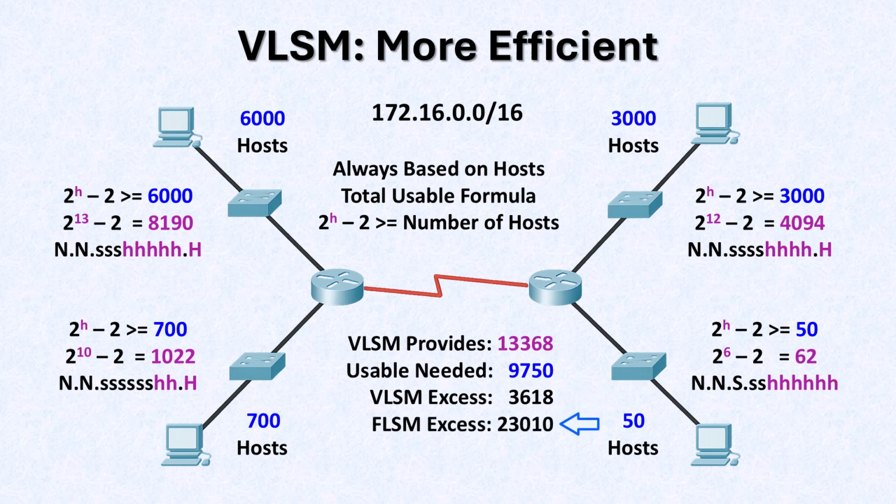The excess with FLSM was just over 23,000. Using VLSM instead of traditional subnetting saves almost 19,400 addresses. In a small network, conserving addresses is irrelevant, and using FLSM is fine. Address conservation is more of a concern on large networks.